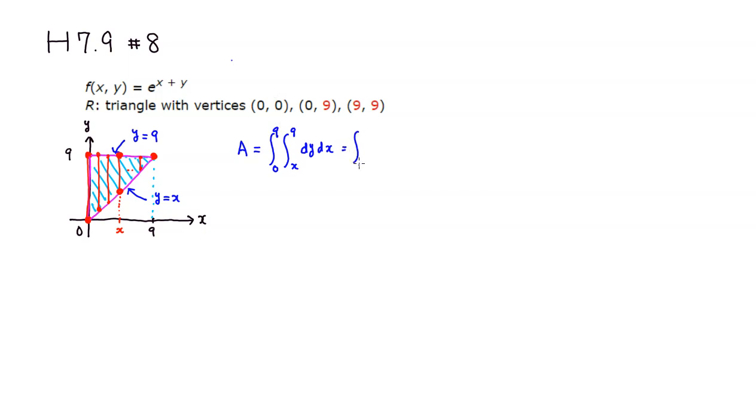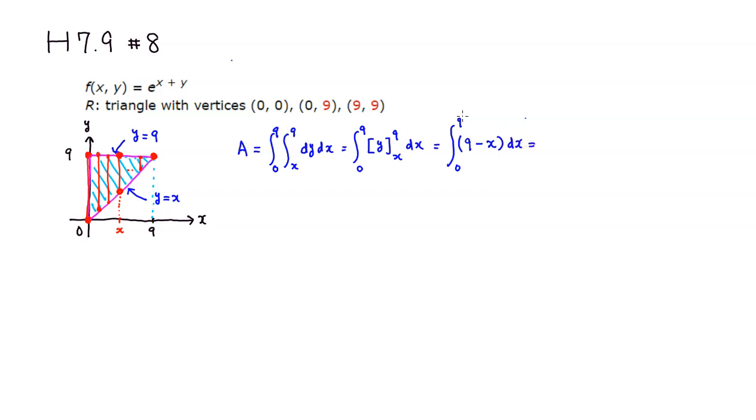Leave the outer integral for now. The antiderivative of 1 with respect to y is y, going from x to 9. Plug in 9, so it's 9 minus x, and we integrate from 0 to 9, dx.